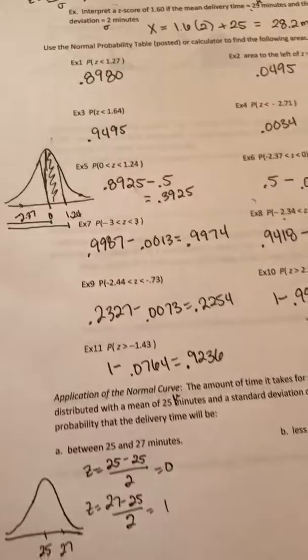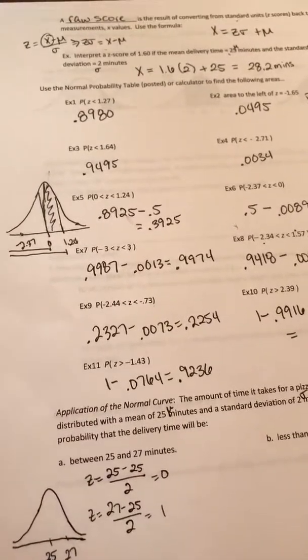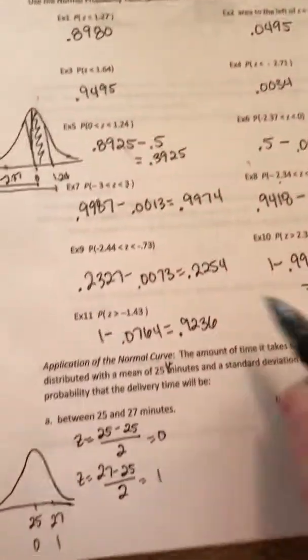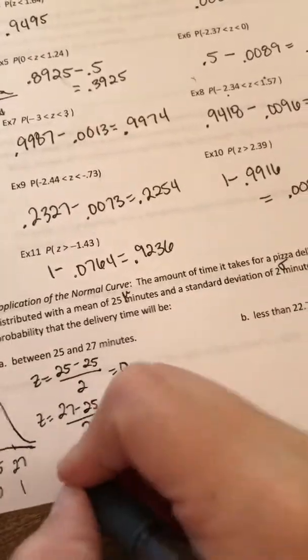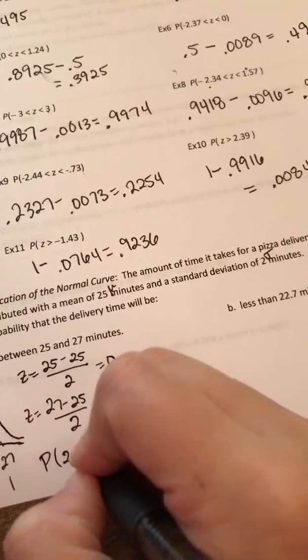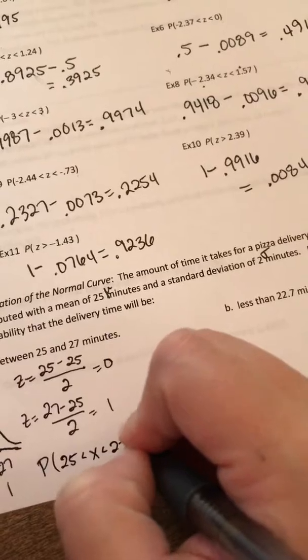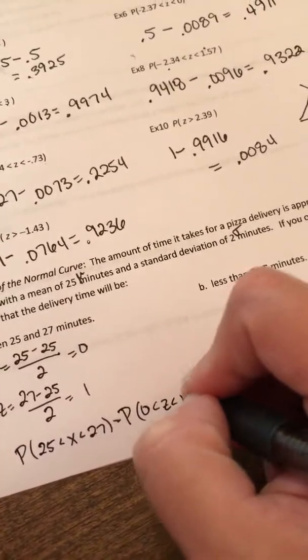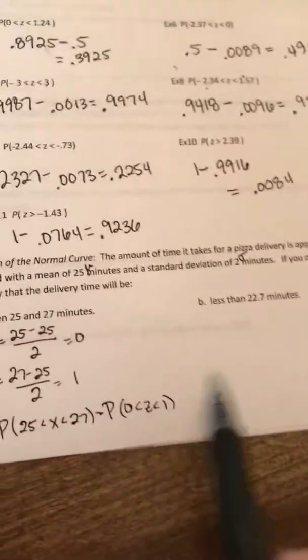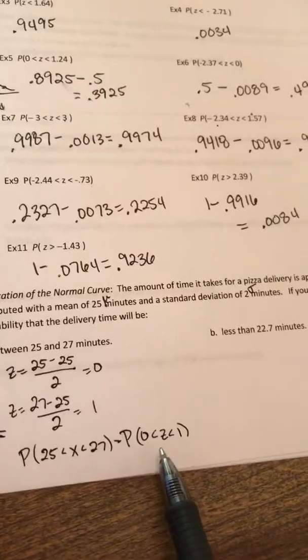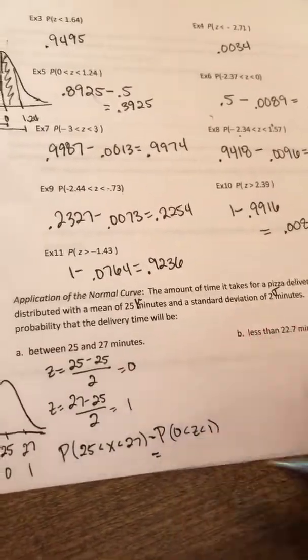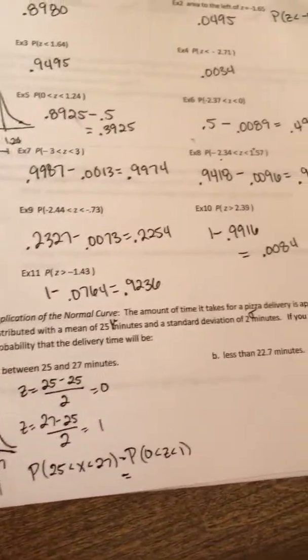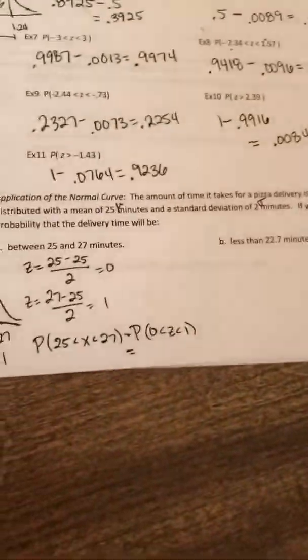So the probability that X is between 25 and 27 is the same as Z being between 0 and 1.